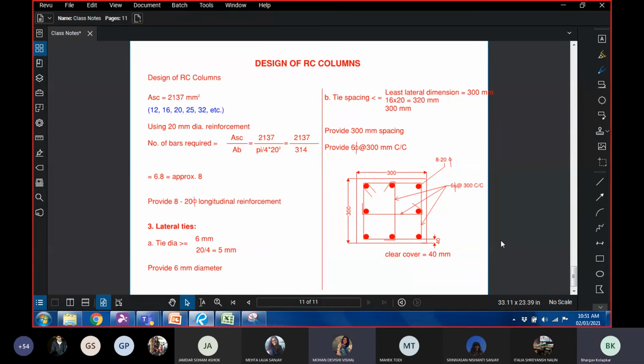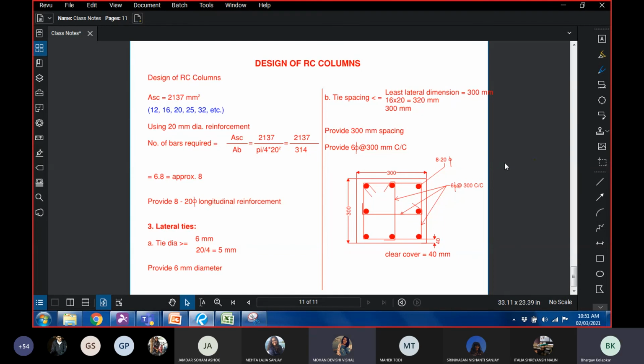Right now we know that they are at 300 spacing. Suppose you're given the height of the column as 3 meters, so then do we say 10 ties, or do we have to leave some count?